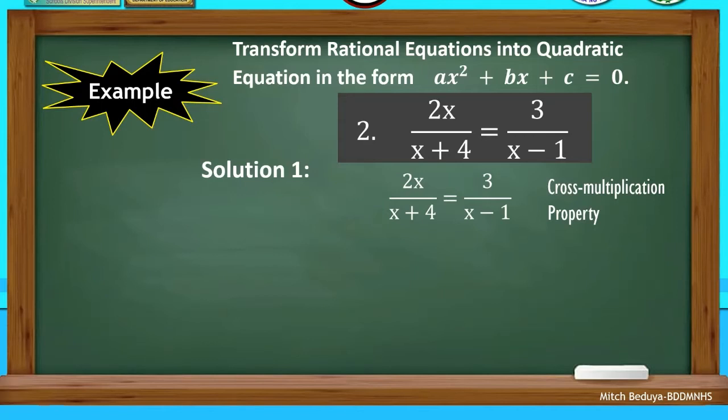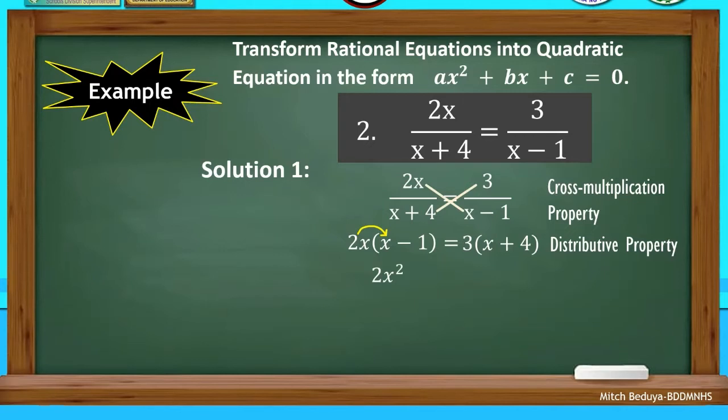So we have 2x times the quantity (x minus 1) equals 3 times the quantity (x plus 4). So by distributive property, the equation is 2x squared minus 2x equals 3x plus 12.